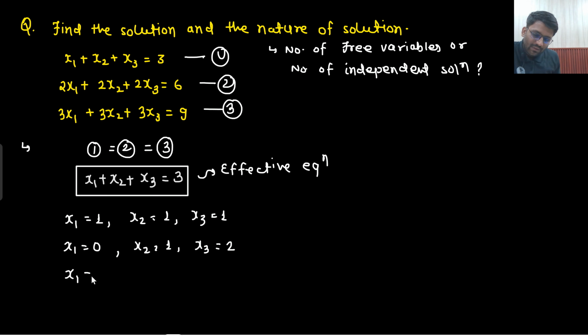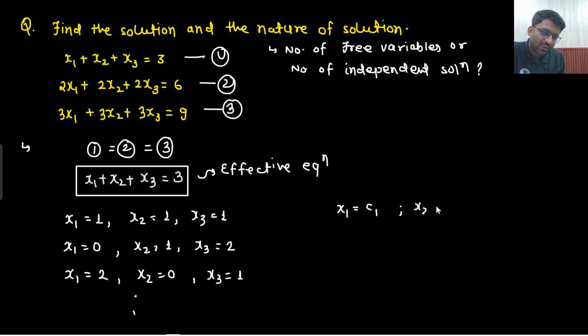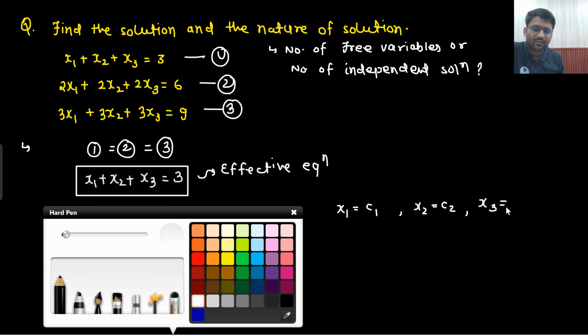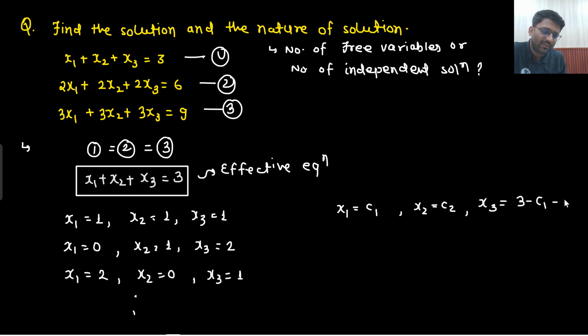Someone would say x1 equals 2, x2 equals 0, then x3 will have to be 1. In that manner, I will keep x1 as c1, x2 as c2, then the value of x3 would be 3 minus c1 minus c2. Is that understandable to you?